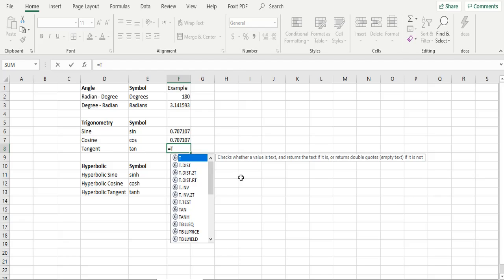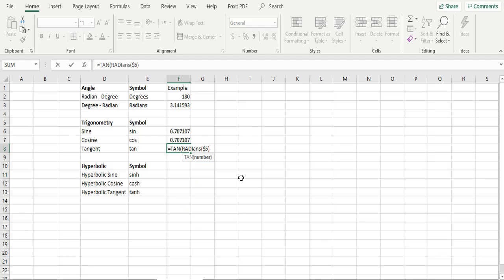So for example, when you put like this, and then radians, you put like this, and then you put 45. So you still get the answer.